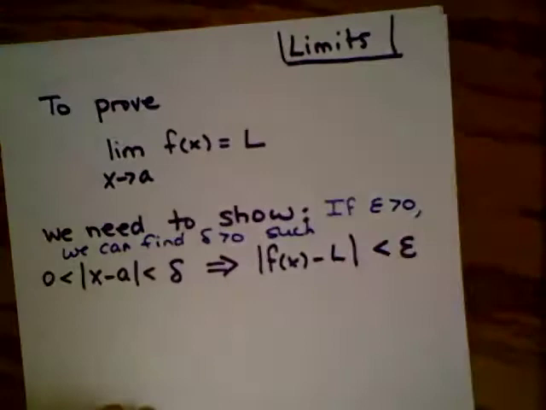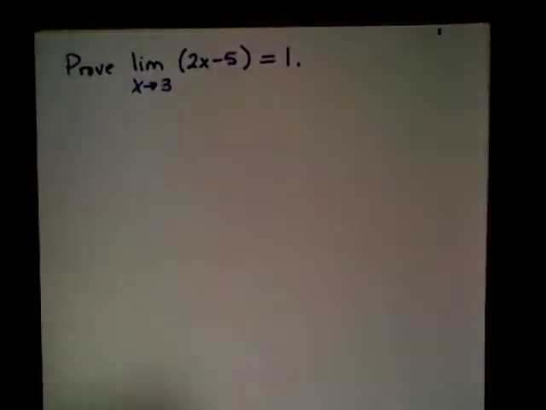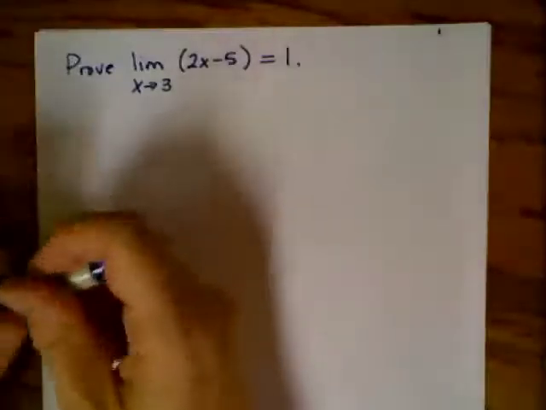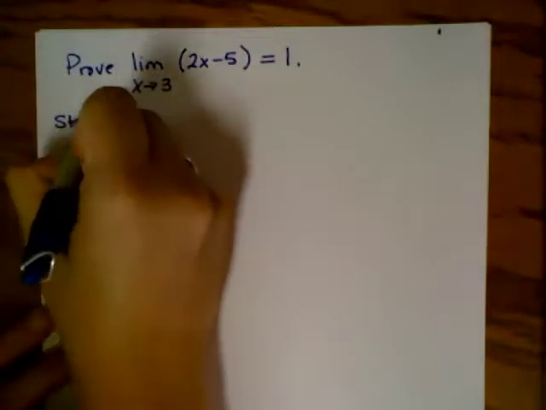Let me move this page. We're going to look at a linear example. We're going to prove that the limit as x approaches 3 of 2x minus 5 equals 1. Okay. Step 1.